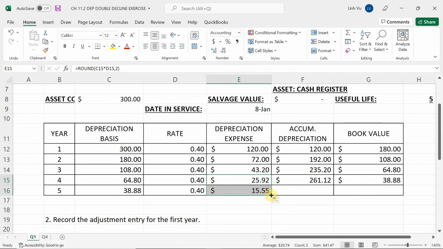1555, giving me accumulated depreciation of 27667, giving me a book value of 2333.